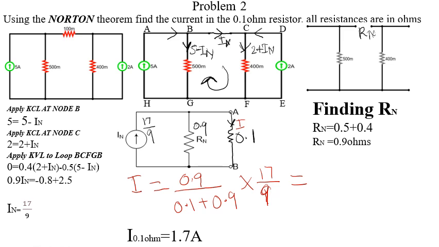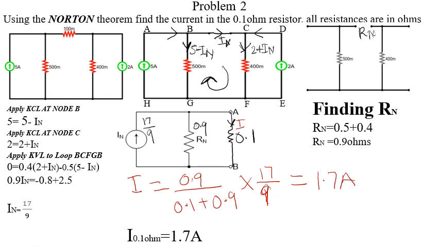So the current through this resistor is 1.7 amp. That is how we use Norton's theorem to calculate a current through a particular resistor.